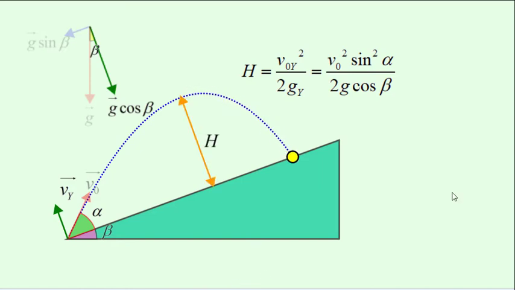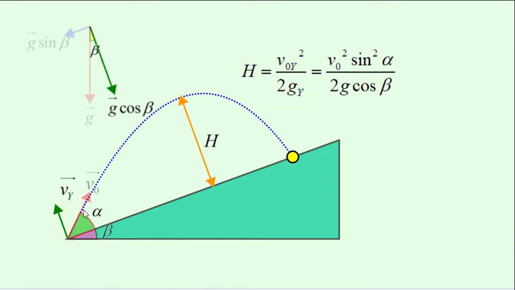The maximum height formula is v0y squared over 2g. For the incline, we consider all components along the y-axis when computing the maximum height along the y-axis. v0y is v0 sine of alpha.